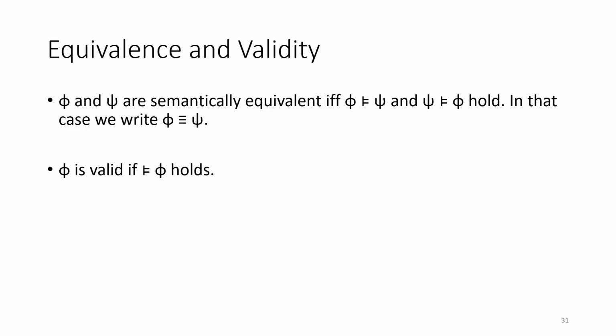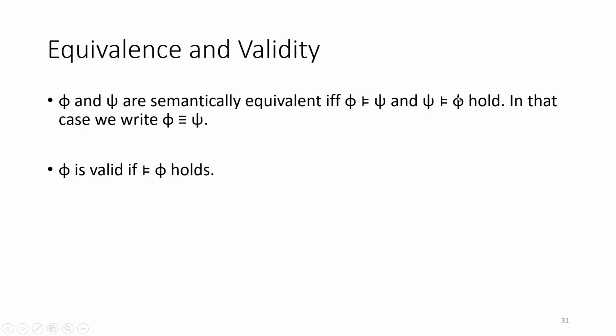Now let's look at the concepts of equivalence and validity. We said we had this semantic entailment, right? We can say that two formulas are semantically equivalent if one entails the other and also the other way around. Semantic entailment was: whenever this is true, that must be true. And also the other way around: whenever this one is true, that must be true.